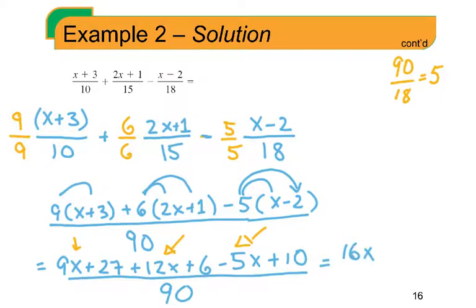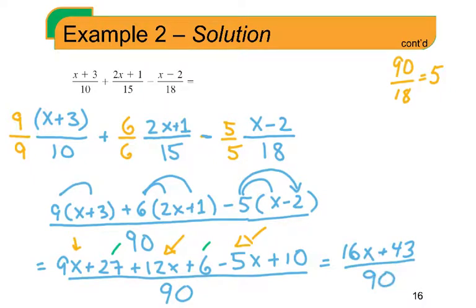And now combine your numbers. 27 plus 6 is 33 plus 10. Oops, wait, I did something wrong. 27 plus 6 is 33, plus 10 is 43, over 90.